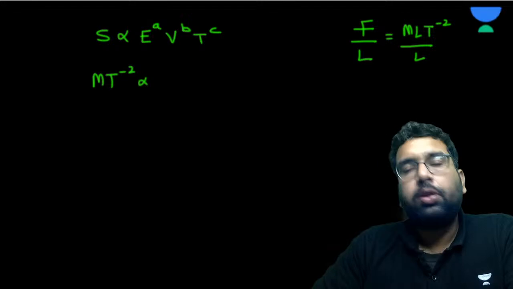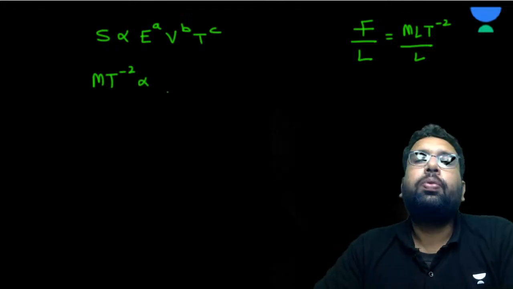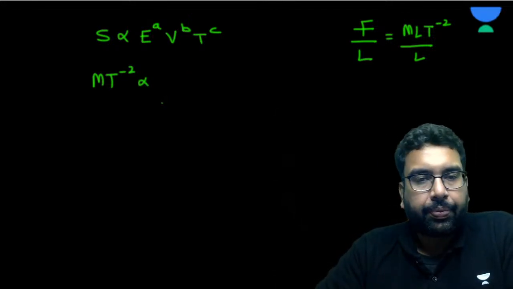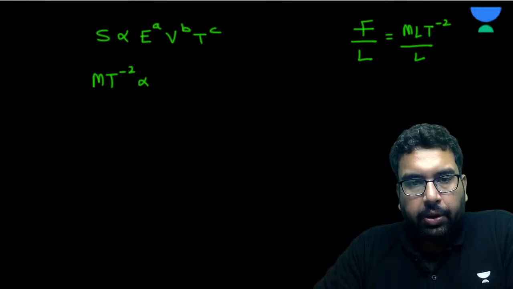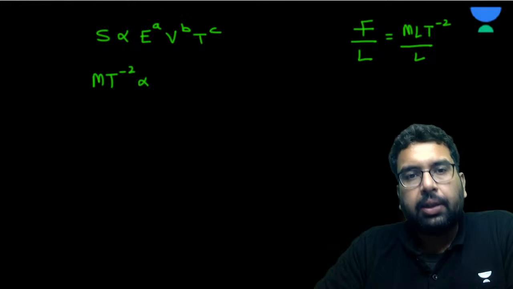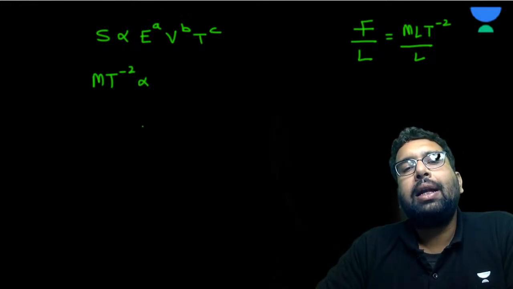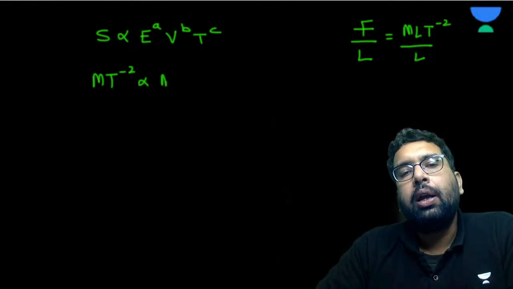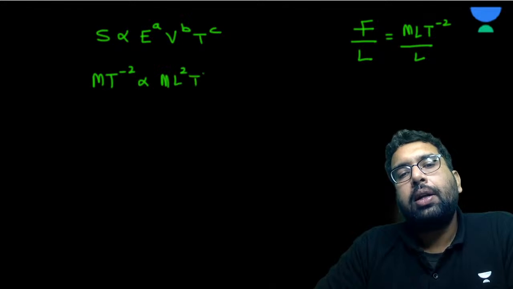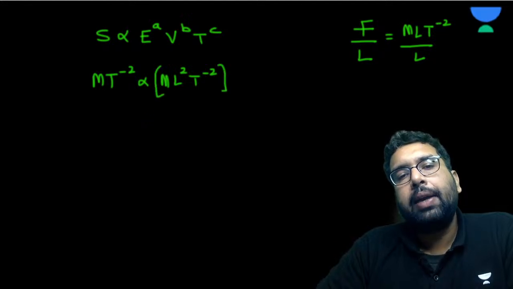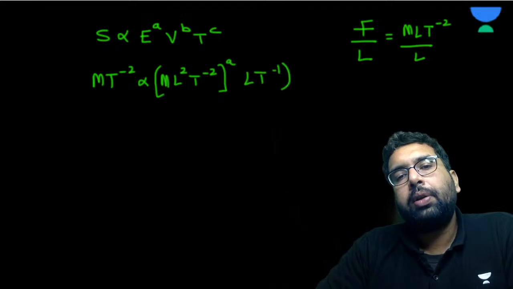Now what is the dimension of energy? It is force into distance, Newton meter. So Newton meter means that it is M L T minus 2 into L. So it will be M L square T minus 2. It will be M L square T minus 2 to the power a, right? Velocity is L T minus 1 to the power b, okay?